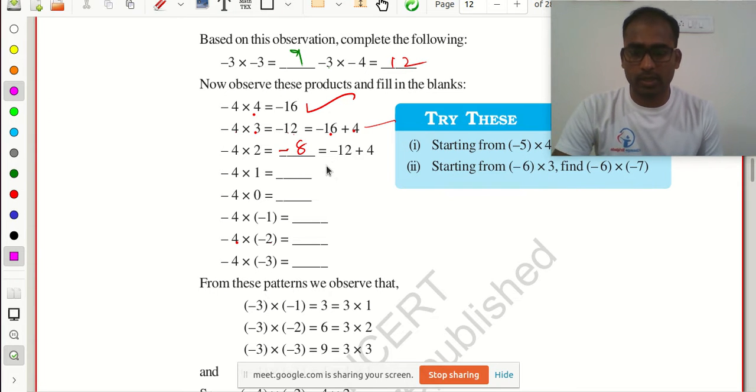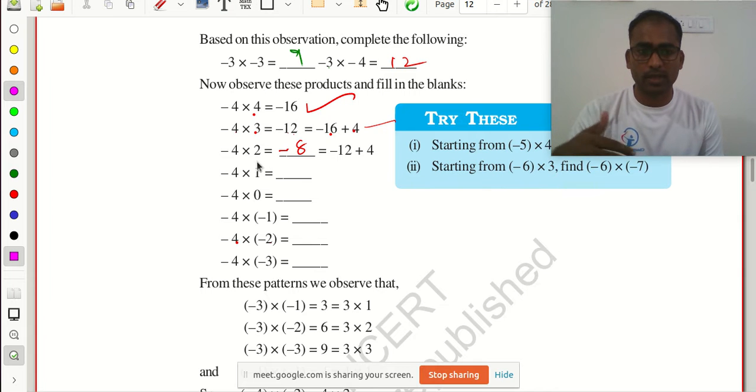Here we need to understand this one clearly. See here, minus 4 multiplied with 2 is minus 8. So how are we getting the minus 8? Yes, we are adding. That is okay, but you need to understand the concept behind this.